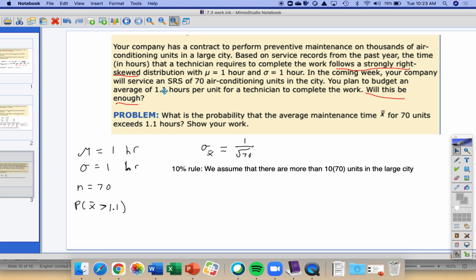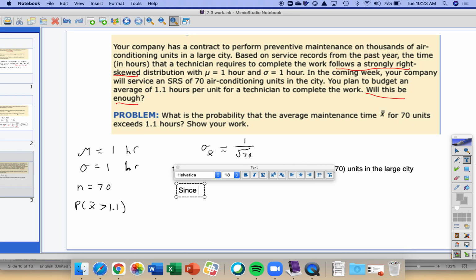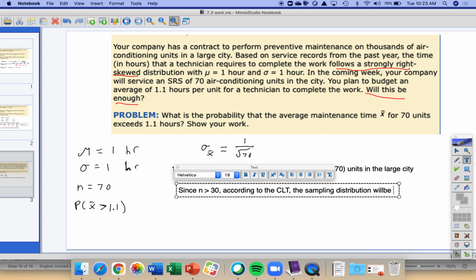Now, in order for us to use normal CDF, we gotta check to make sure that our sampling distribution is approximately normal. So, since n is greater than 30, according to the central limit theorem, which I'll call CLT, the sampling distribution will be approximately normal.